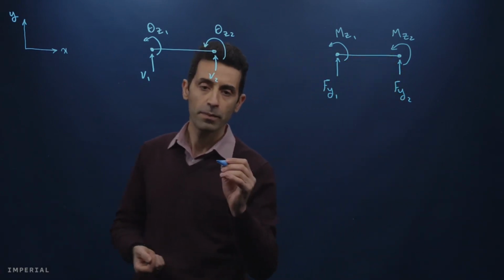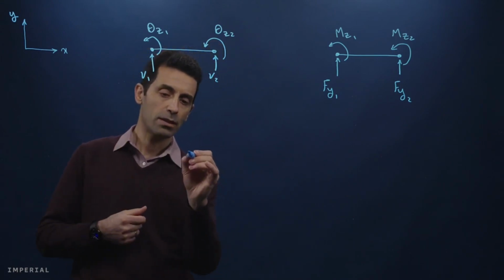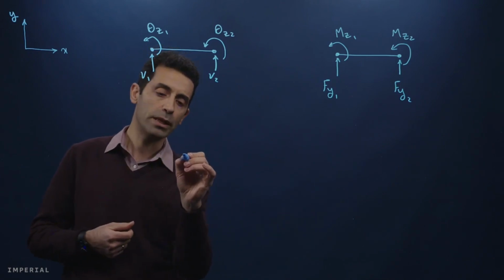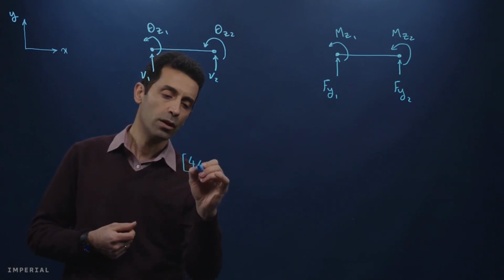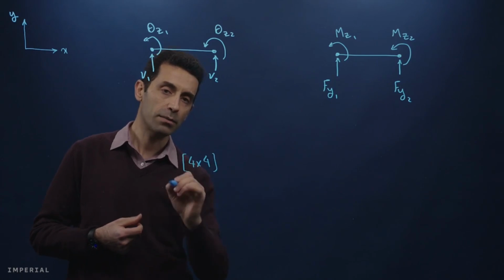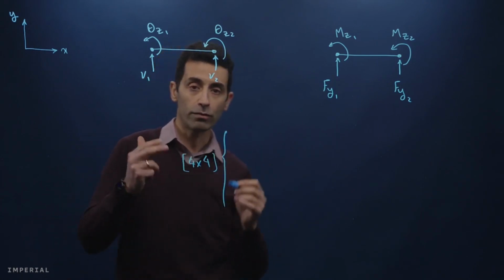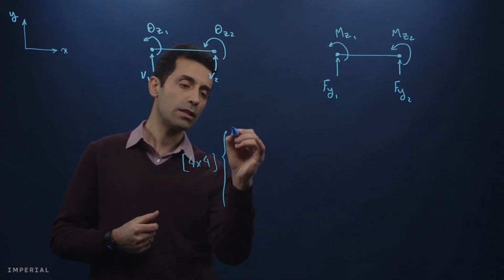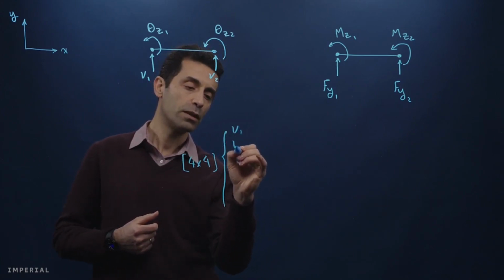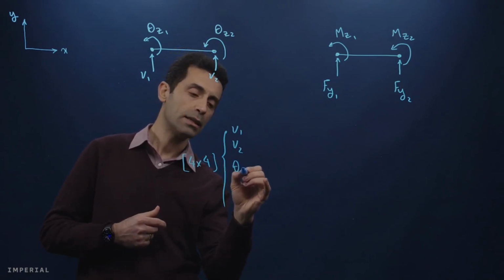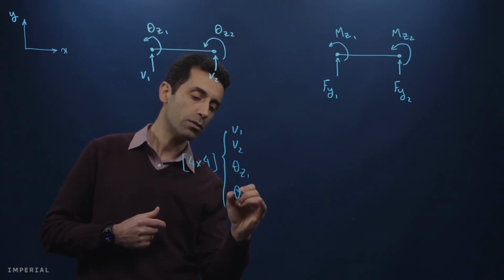nodal forces. So that matrix, which is the element stiffness matrix, would be a 4 by 4 matrix, times the vector of nodal displacements, which is here formed of translation in y direction and rotation about the z direction at every node.